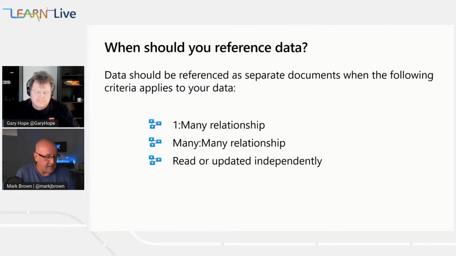So if you had a document where you had this asymmetric update pattern, this is one where you'd want to shred the document, and you'd want to have one document that's potentially smaller with data that you update frequently, and then another document that has largely static data that you don't update that frequently. This is much more efficient in terms of how you would want to model data in a database like Cosmos.